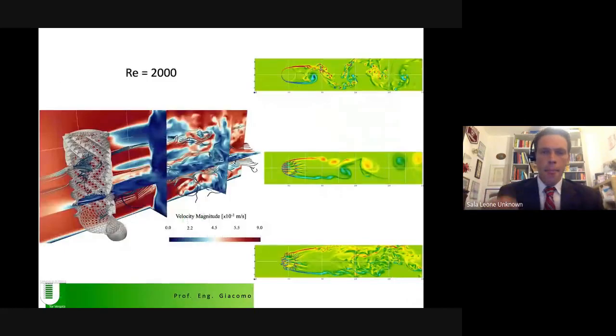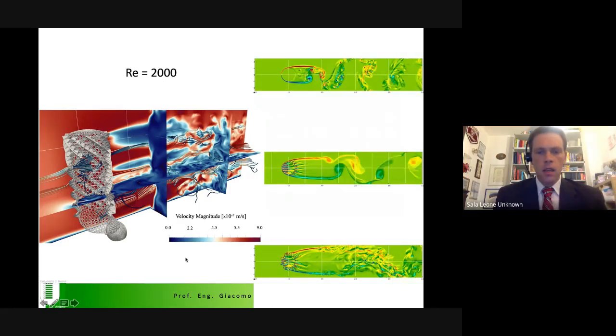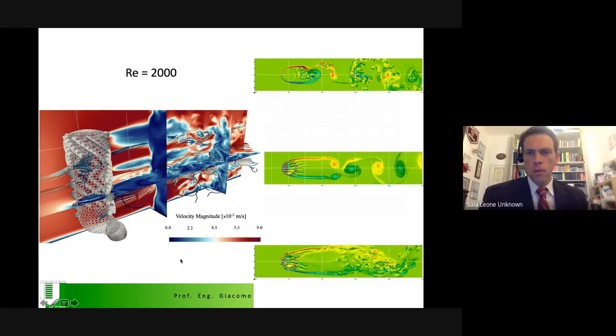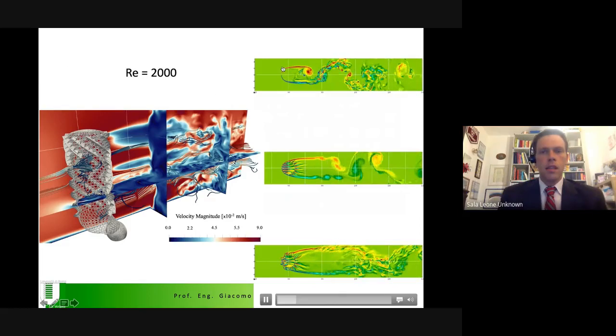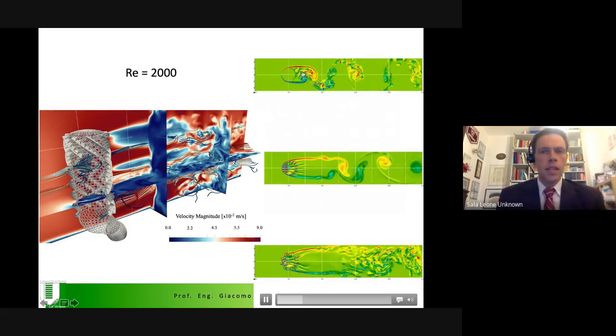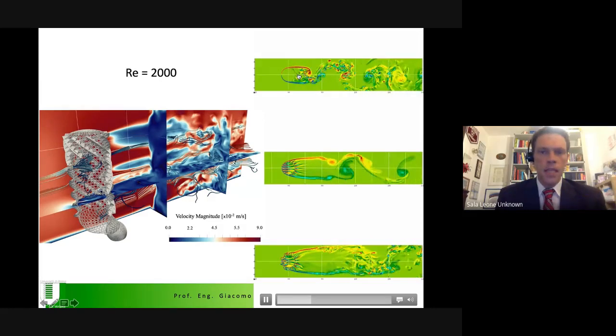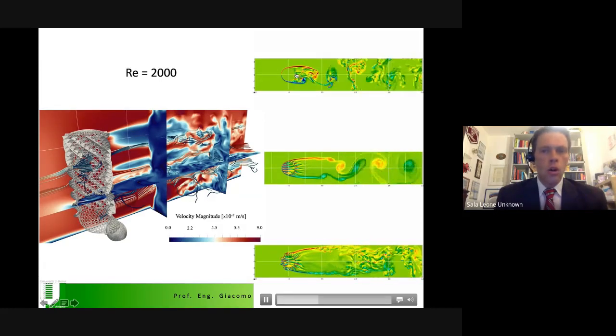Back to Reynolds 2000, we can see this effect in these beautiful movies that Giorgio provided. This is the pristine cylinder at Reynolds 2000. You can see that the intermittency rises immediately and reaches the structure.